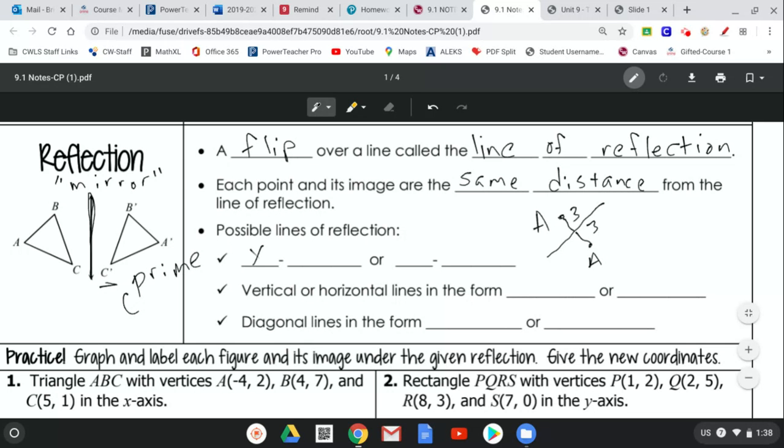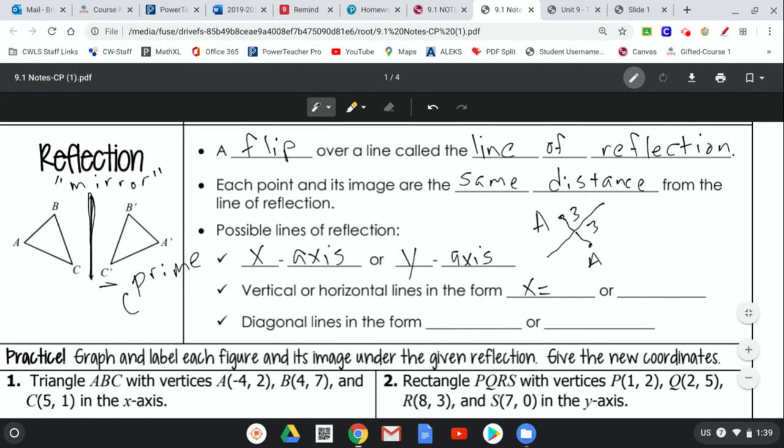So, possible lines of reflection. This can be the x-axis. This could be the y-axis. Now, we can also have vertical and horizontal lines in the form of x equals.